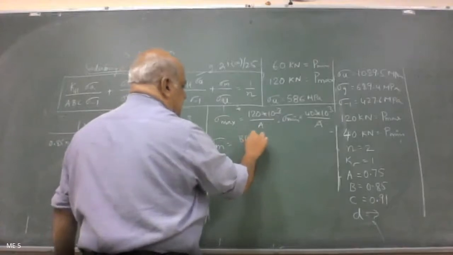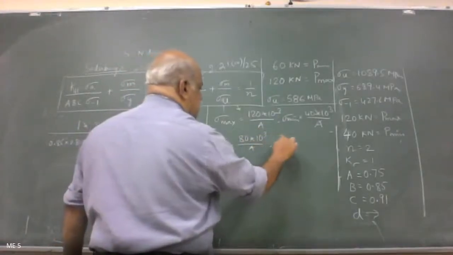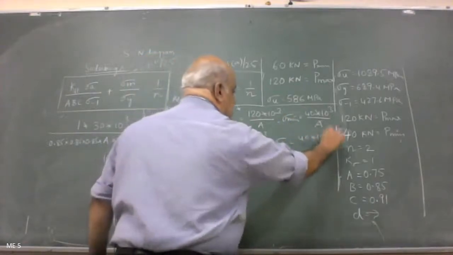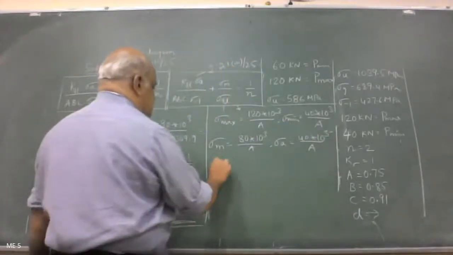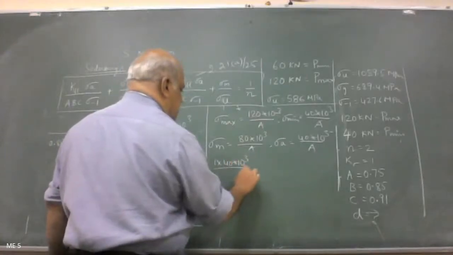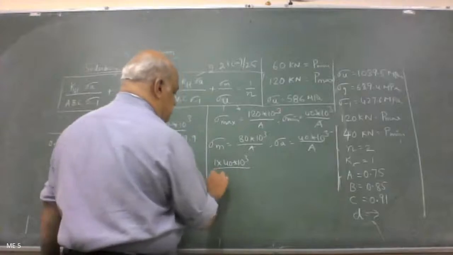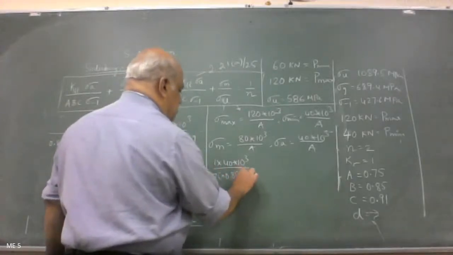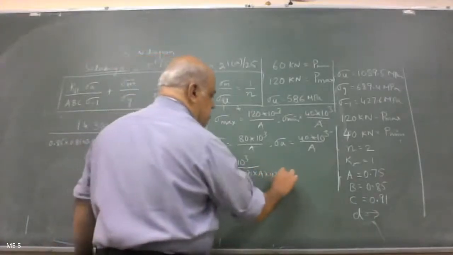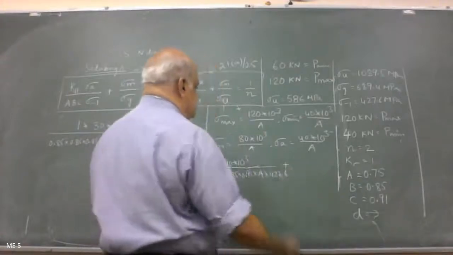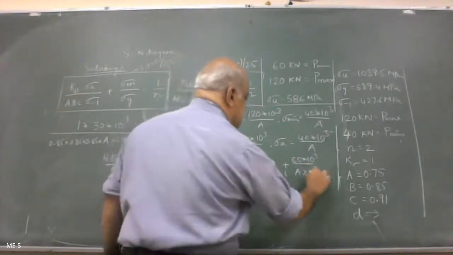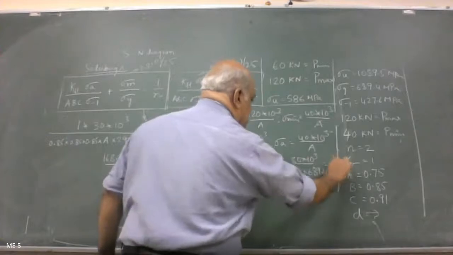Mean stress is 160 divided by 2, which is 80 into 10 power 3 by A. Stress amplitude is 120 minus 40, which is 80, divided by 2 is 40 into 10 power 3 by A. So 1 into stress amplitude, 40 into 10 power 3 by 0.75, 0.85, 0.91 into A into endurance strength 427.6, plus mean stress 80 into 10 power 3 divided by A into yield stress 689.4, is equal to 1 by 2.